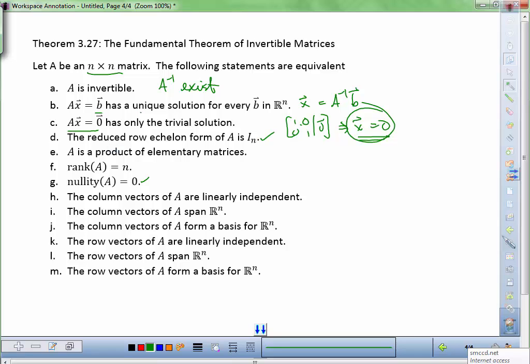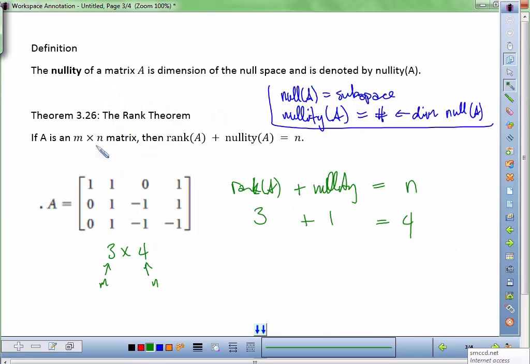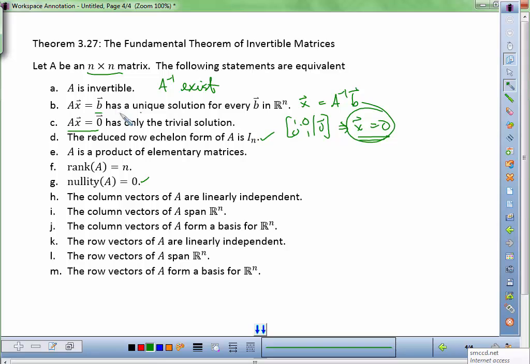Before we take a look at m by n matrices, but if we apply all these things to a square matrix, n by n, we find out that that square matrix is invertible, then all these things follow. If it's not invertible, then these things don't all follow.